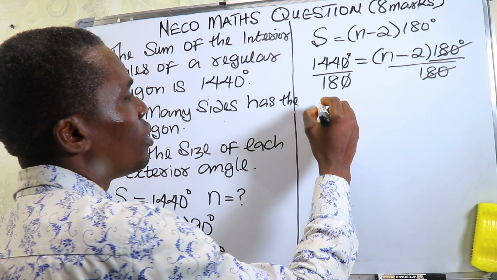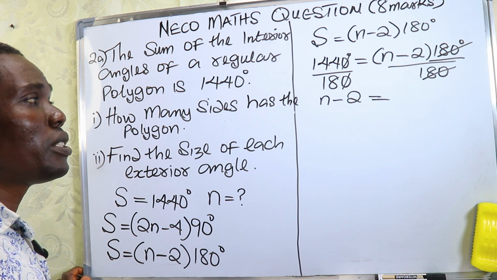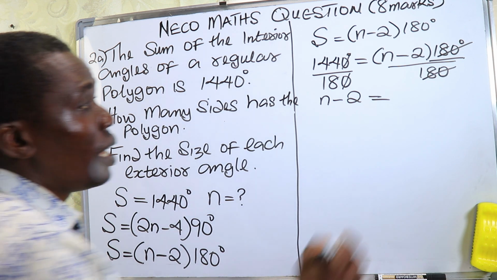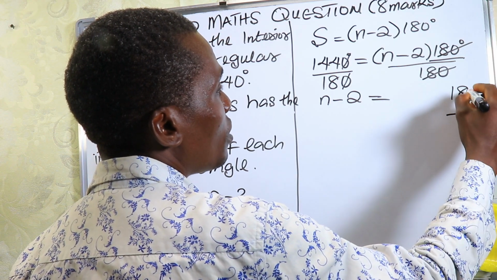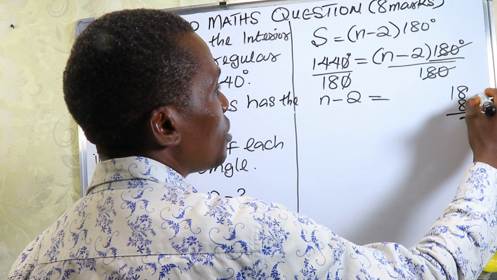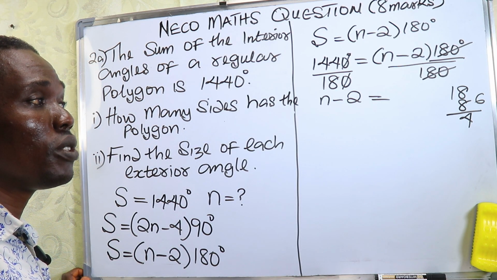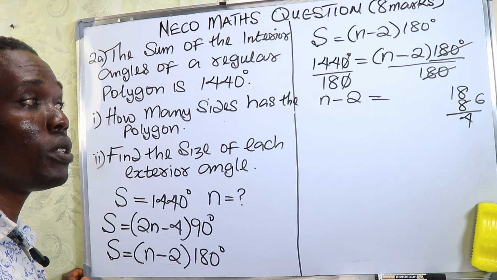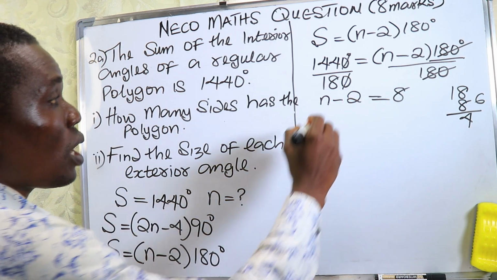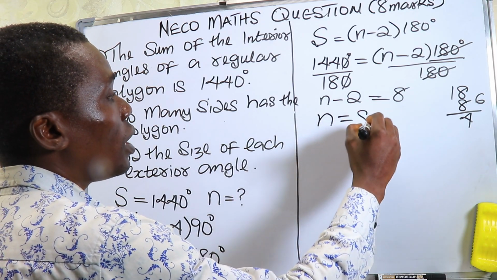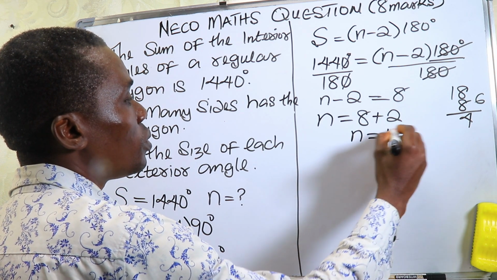Now, this is going to give us n minus 2 equal to 144 divided by 18. 18 times 8 will give us 144. So n minus 2 equals 8, so our n will be equal to 8 plus 2, and then n will be equal to 10.